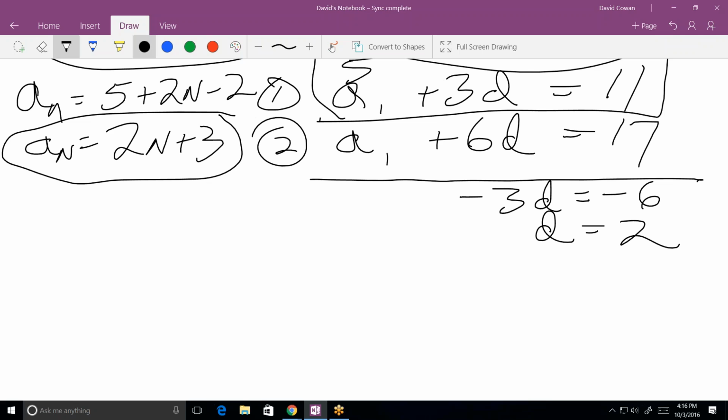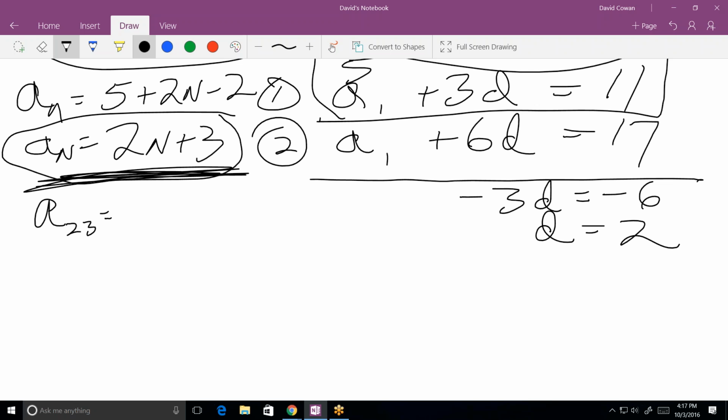So what would the 23rd term of the sequence be? Do I still keep the 5 plus 2? No, I simplified that. This was the final answer right here. Okay, so you can plug into that.